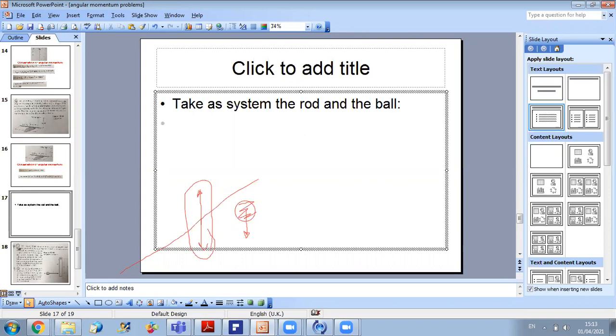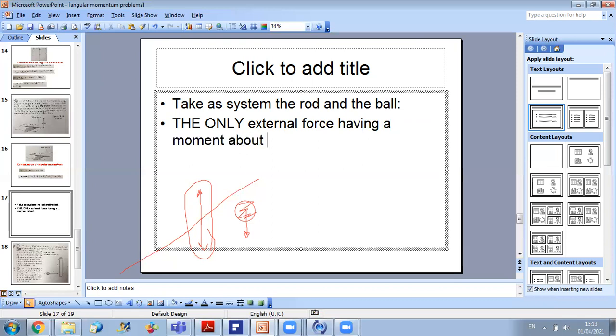So the only external force having a moment about the axis of rotation is the weight of the ball, which is a non-impulsive force.